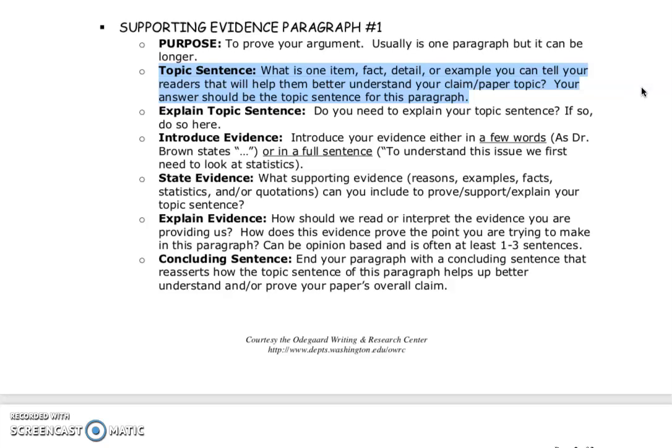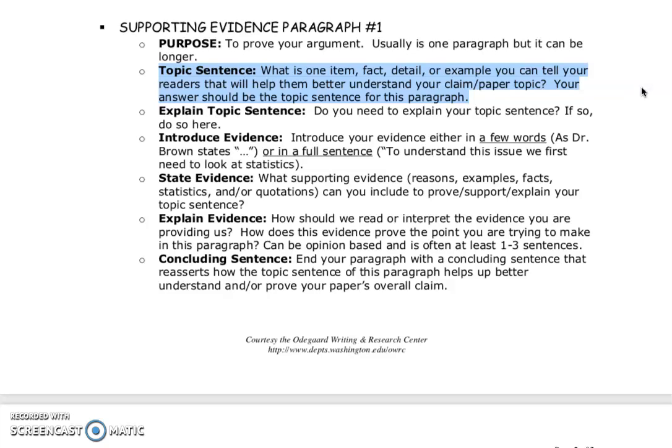What is one item, fact, or detail that you can tell your readers that will help them to better understand your claim or your paper topic? That should be the topic sentence for this paragraph. So you've worked with these already. When you did your rough outline and I told you to ask questions and put those questions in the order that they should be answered in your paper, those are going to turn into your topic sentences. So you already have those in place in question form.